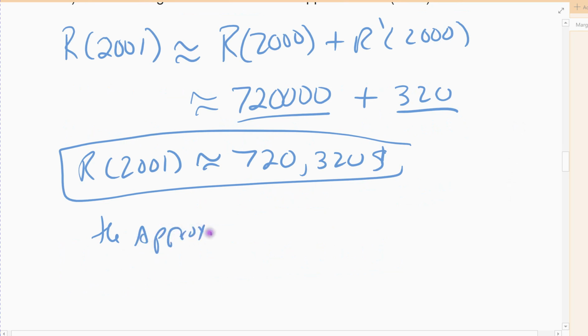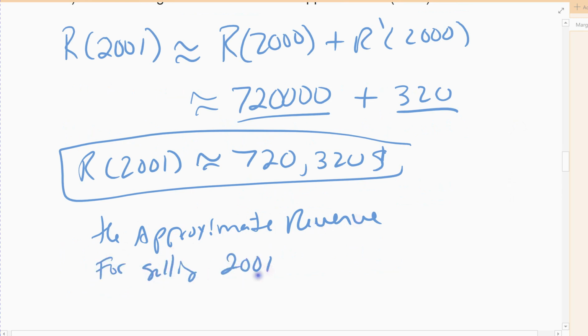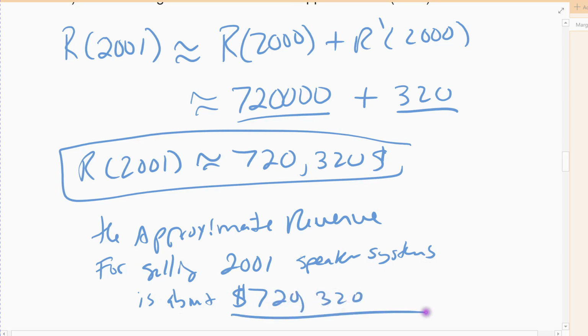The approximate revenue for selling 2001 speaker systems is about $720,320 if they sell them. Again, it should be close to that. It's probably a little off by $1, some change, but it should be close to that.